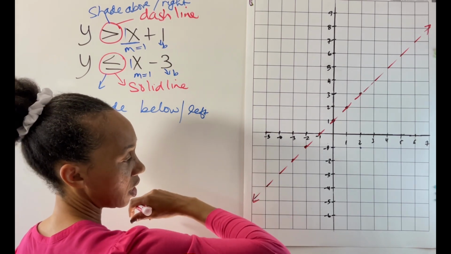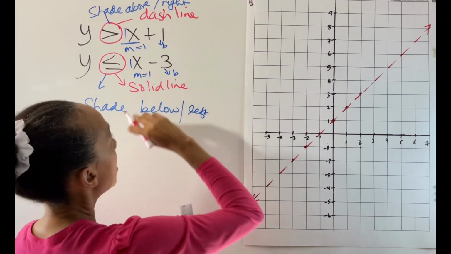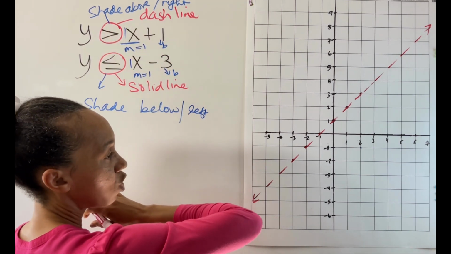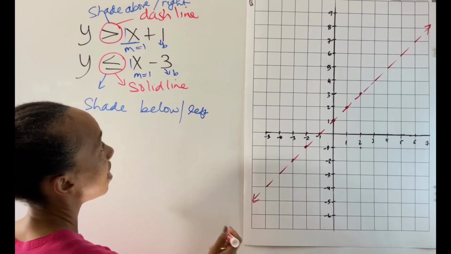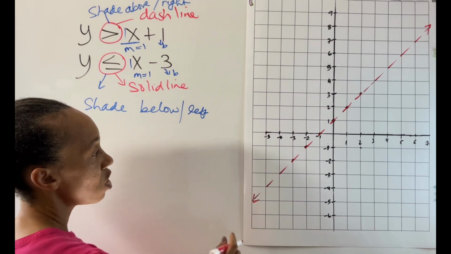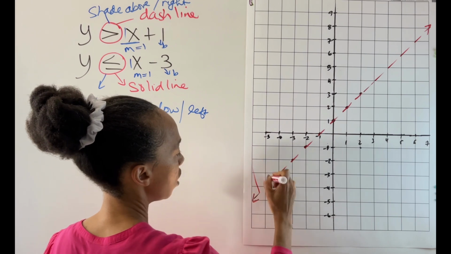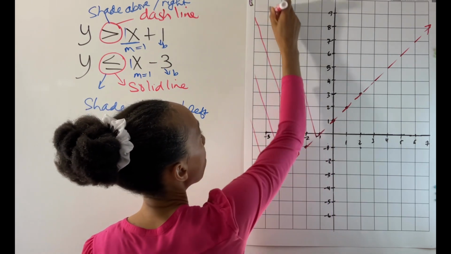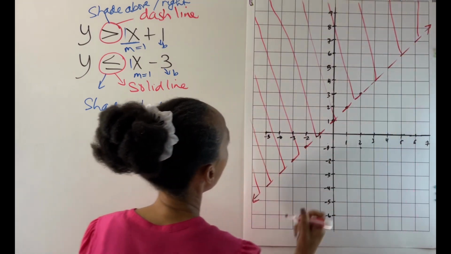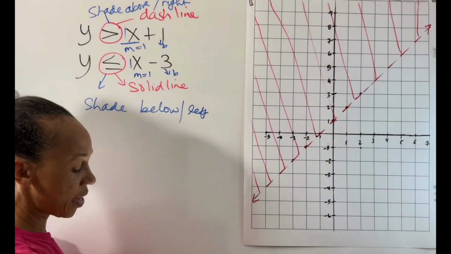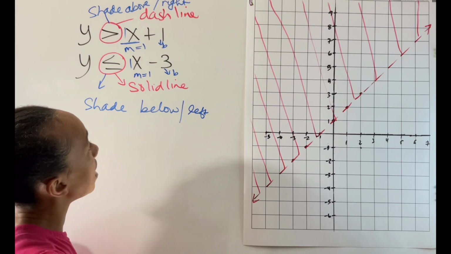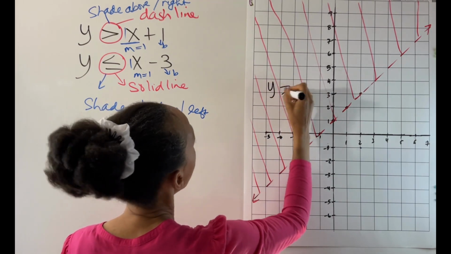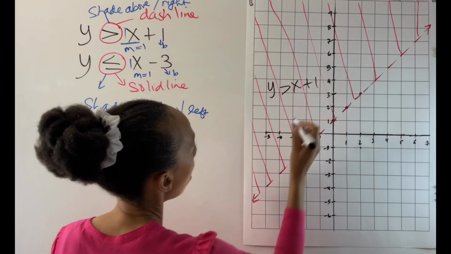This is your greater than symbol, and it looks just like this with the V going away from your body to the right. So therefore, that means you're going to shade to the right, or you're going to shade above. So you can go ahead and shade, and you go to the end of your grid paper. And you can also write your inequality in the open area, and this inequality is y is greater than x plus 1.